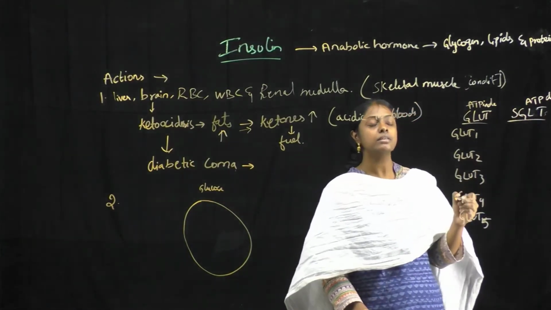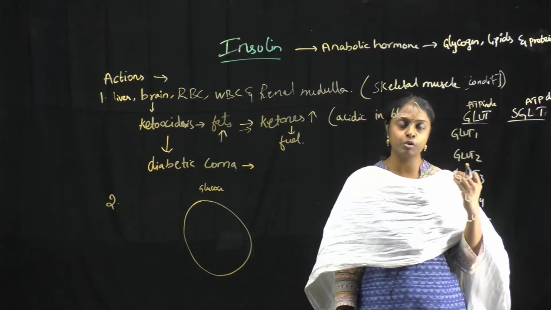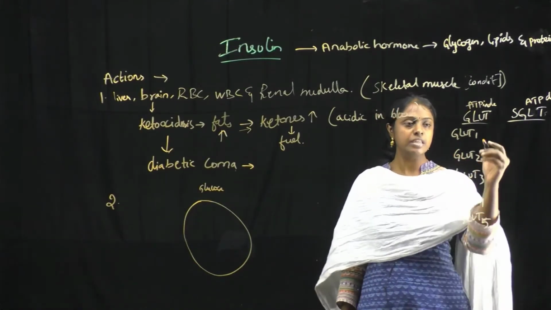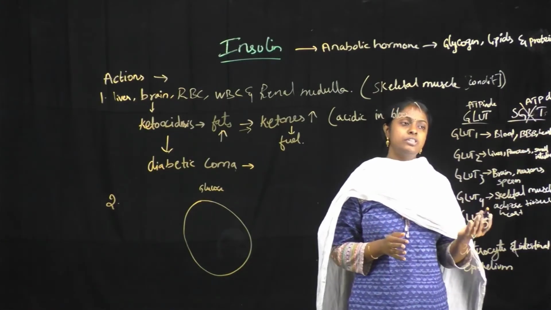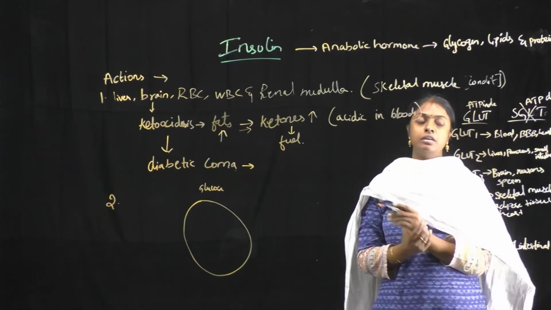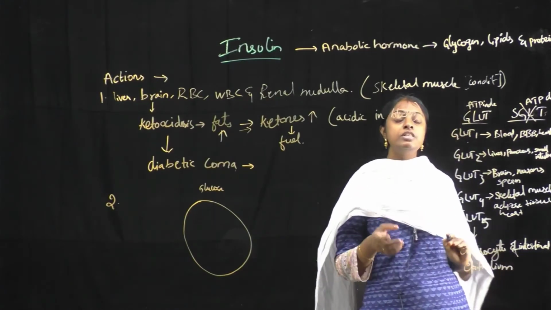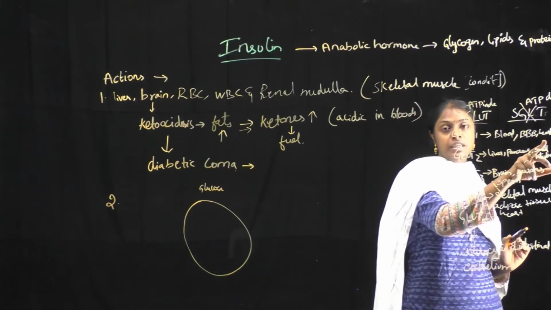So let's see GLUT1, where this transporter is located and what is the function of it. Forget about the SGLTs because it is not needed in this one. So let's see the transporters of GLUT. The first one is GLUT1, which is located in blood, blood-brain barrier and in heart.